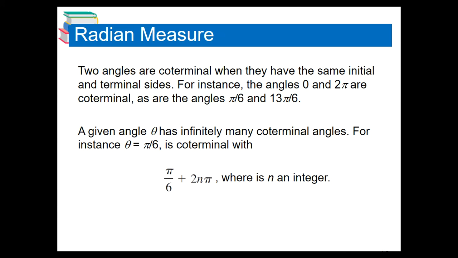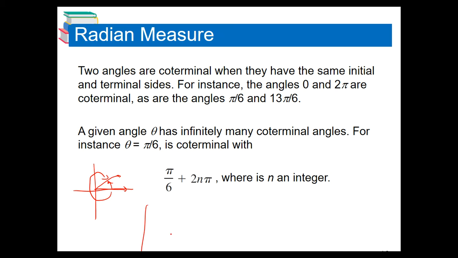Now, we talked about coterminal angles, which is basically when we have this angle here and possibly going around the other way, 2 angles that have the same terminal side. They are called coterminal; they share a terminal side. So for instance, the angles 0 and 2 pi are coterminal.